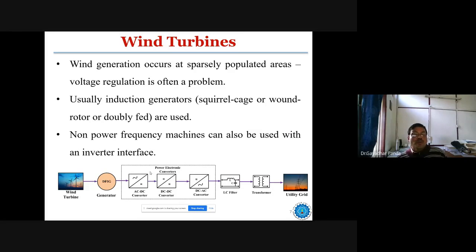And how the power is generated from the wind, a schematic picture is given here. As the wind turbine is connected to the generator, and the generator is giving the output as AC, then how will you synchronize with the system? In that way, the power electronics technology comes into the picture to maintain the same voltage and frequency of the grid.